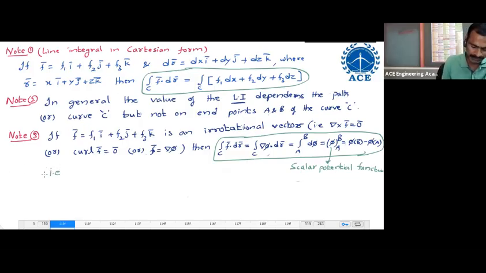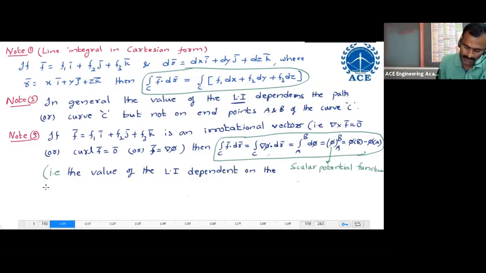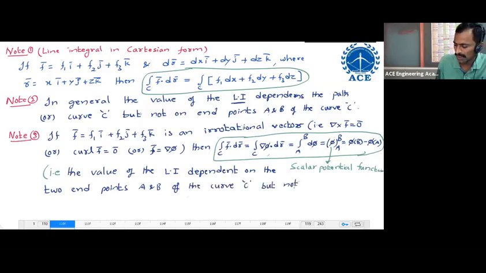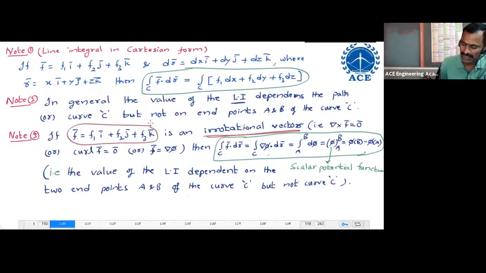That is, the value of the line integral depends on the two endpoints A and B of the curve C, but not on curve C. So whenever the function is irrotational, the value of the integral depends only on the endpoints.